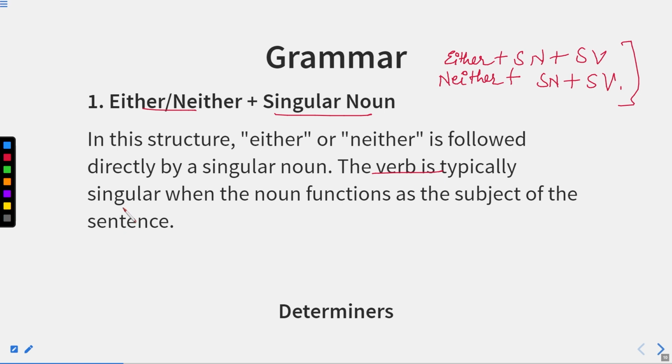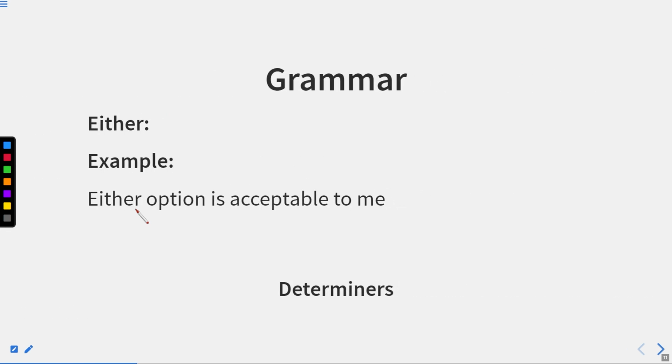The verb is typically singular when the noun functions as the subject of the sentence. For example, either option is acceptable to me. Either is a determiner and after that we have option, which is a noun. It is a singular noun and we are using a singular verb after it.